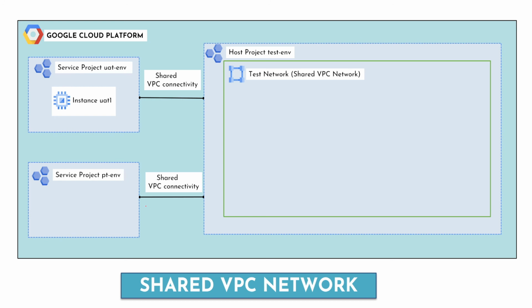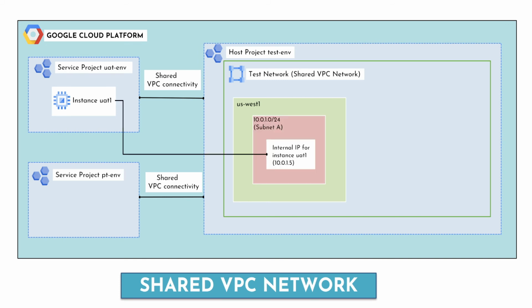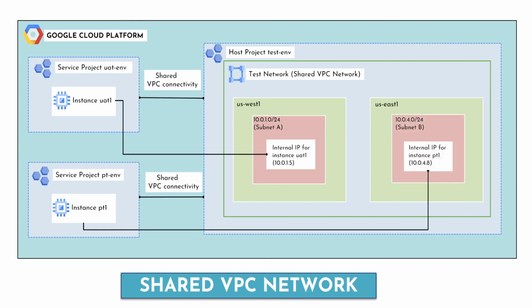And the admin has created an instance UAT1 in the US West 1 region, and this instance receives its internal IP address 10.0.1.5 from the subnet 10.0.1.0, subnet A. The same way, the admin has created another instance BT1 in the US East 1 region, and the instance receives its internal IP 10.0.4.8 from the CIDR 10.0.4.0/24.